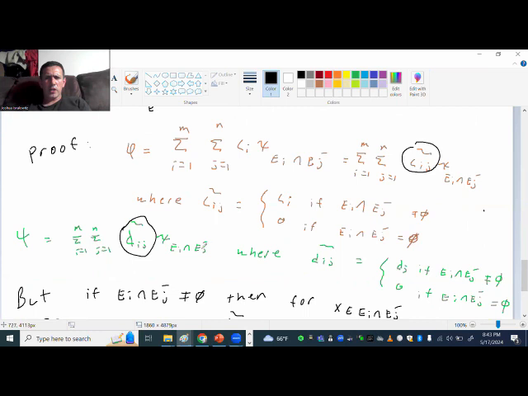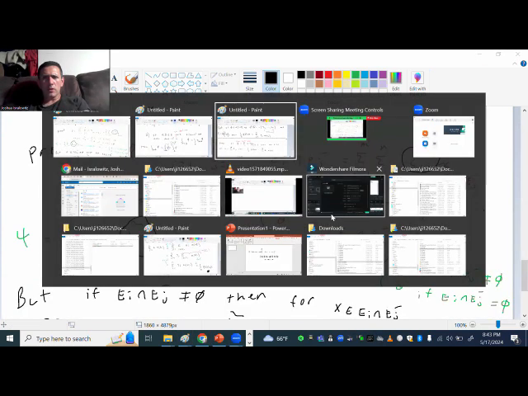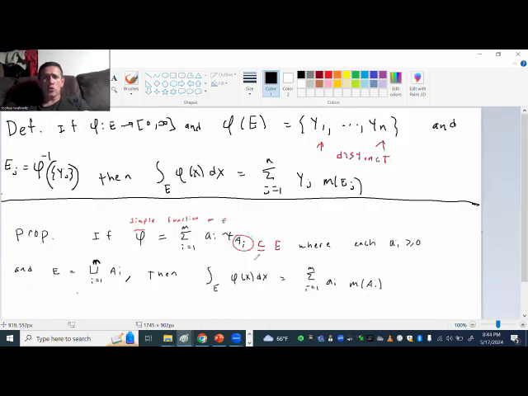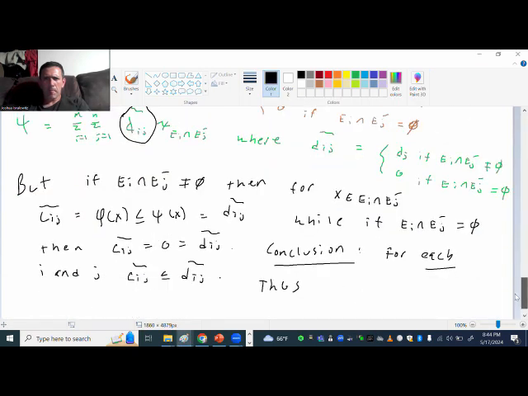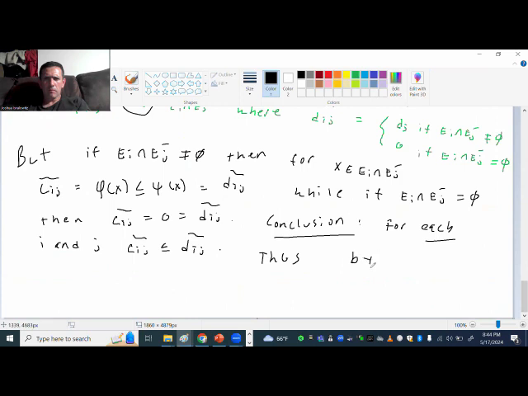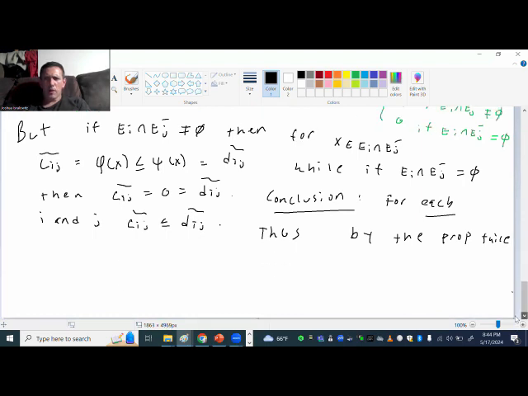The E_i intersect E_j primes both partition E, so I can use my proposition twice. This is essentially Royden's proof with a ton of details filled in. All of my proofs are basically Royden's with a ton of detail filled in.